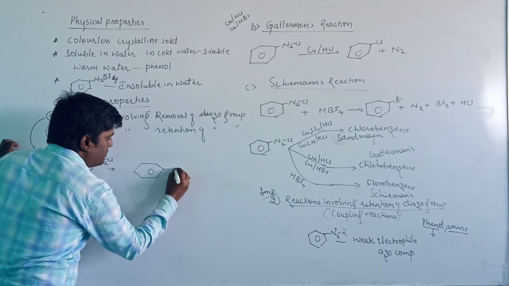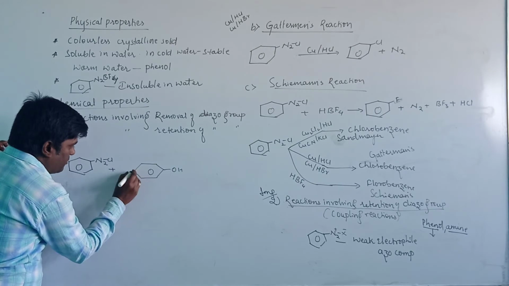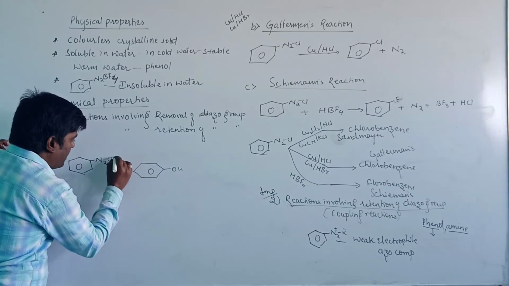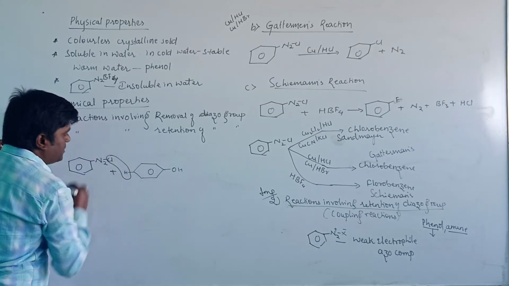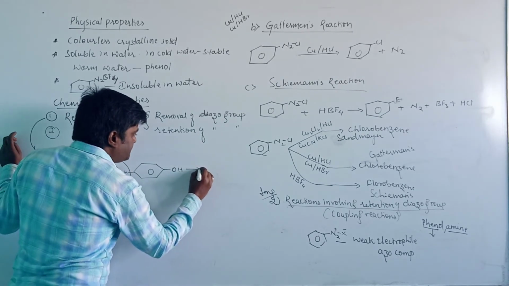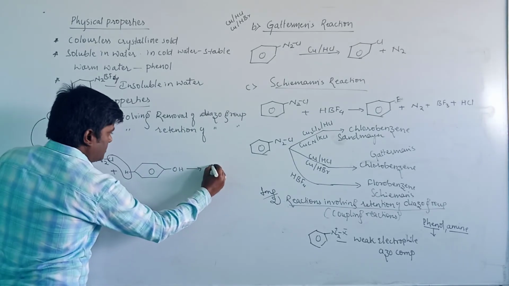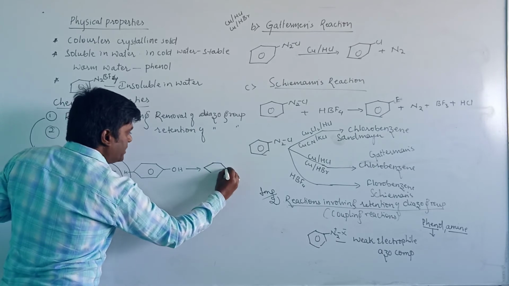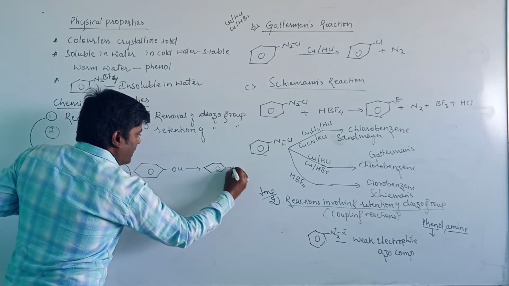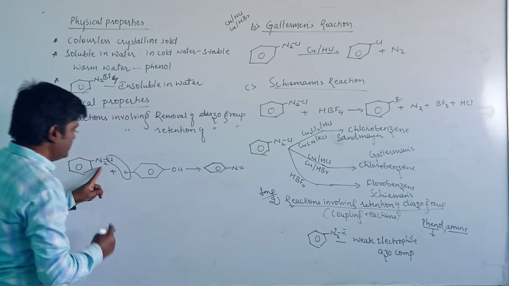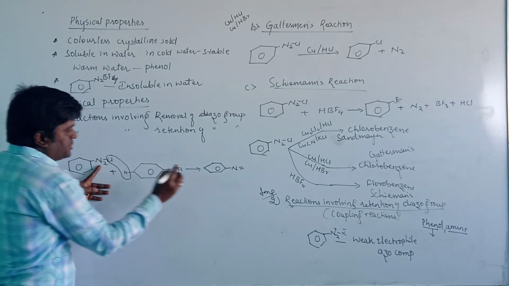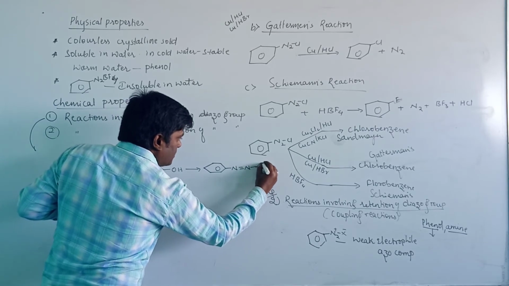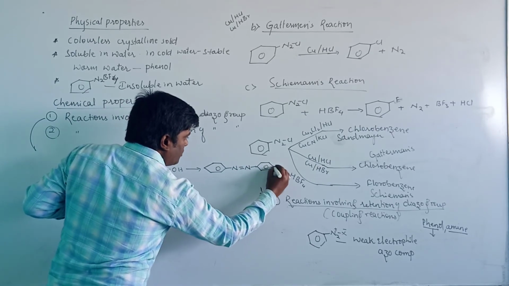In the phenol, one of the hydrogens combines with the chlorine, and the diazo group is formed, with a double bond between the two nitrogens, and the compound has OH.